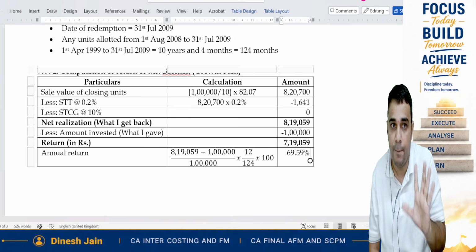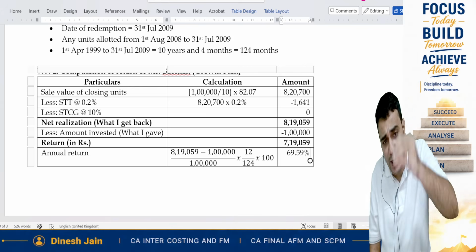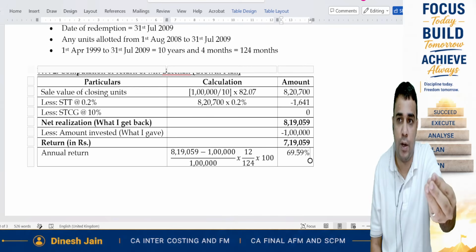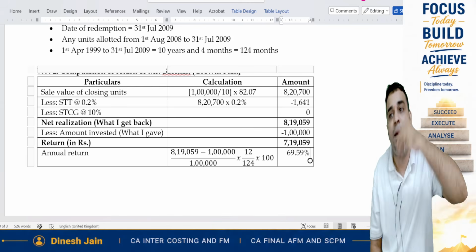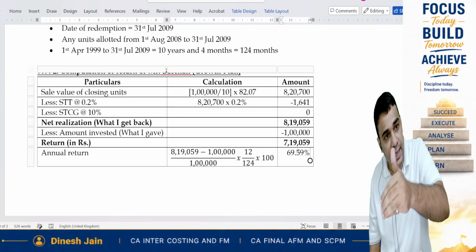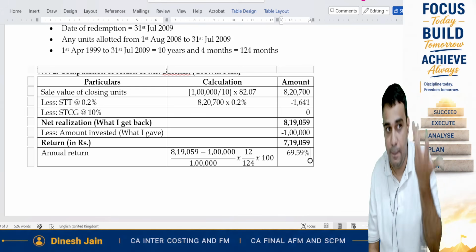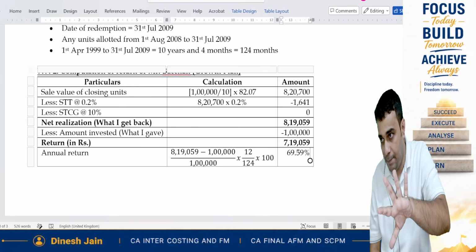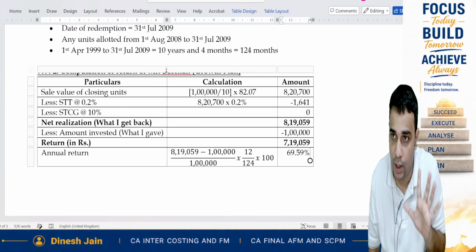When you do days calculation, for the period of holding, the starting date may or may not be part of the denominator. The ending date may or may not be part. Both can be part, both can be excluded also.